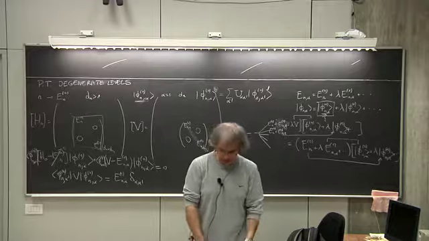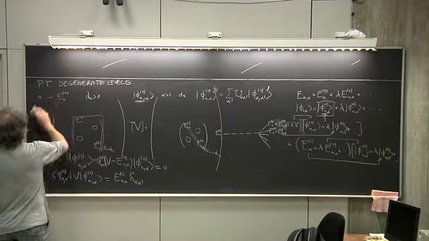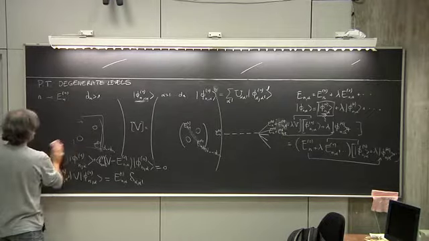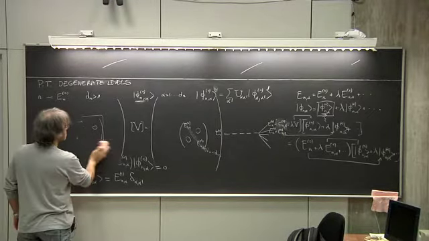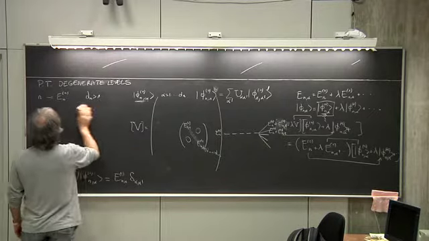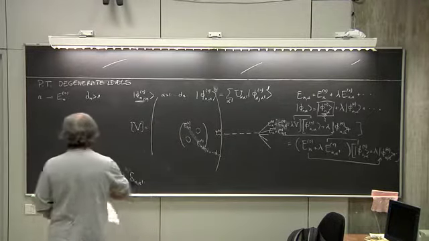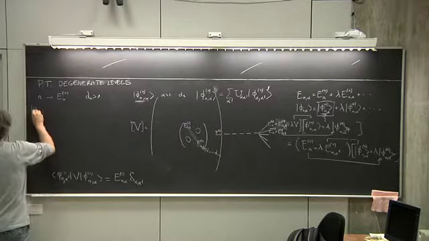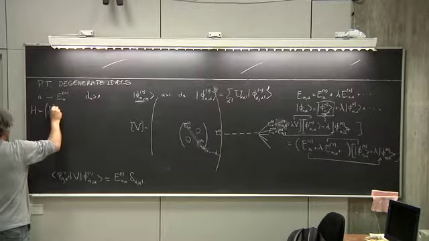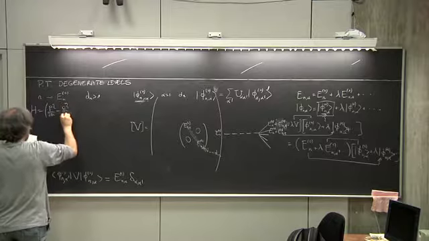Okay, so let us see how this works. And the simplest illustration of this is the following. Suppose that your Hamiltonian is p squared over 2m minus c squared over r.